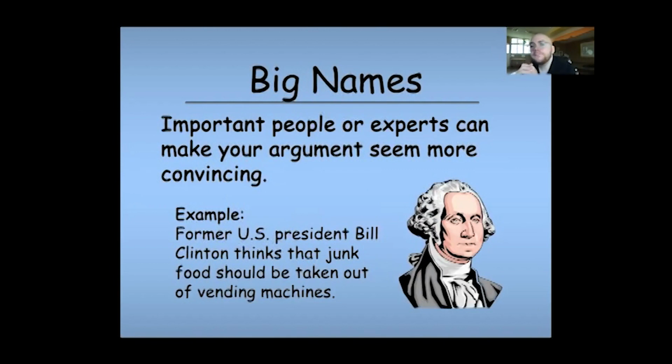Okay, so big names, big famous people, well-known people. Important people or experts can make your argument seem more convincing. For example, former US President Bill Clinton thinks that junk food should be taken out of vending machines, right?